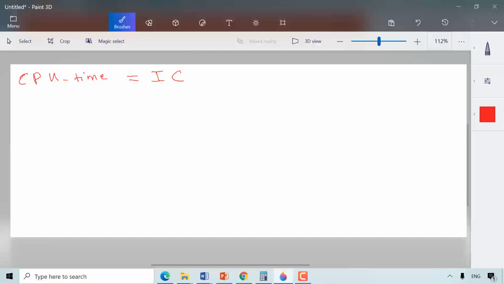So the unit for this is instructions per program that exist in my program, times CPI. What's the unit for the CPI? They are cycles per instruction.